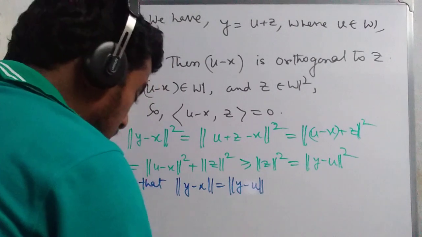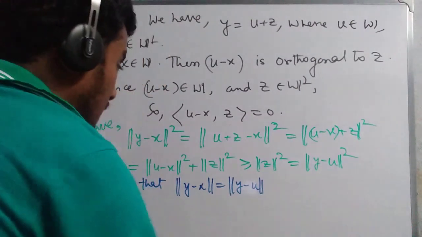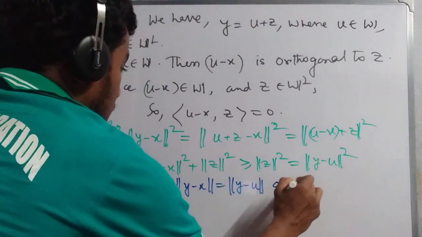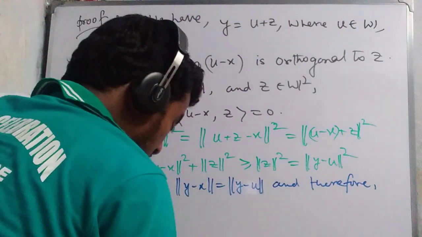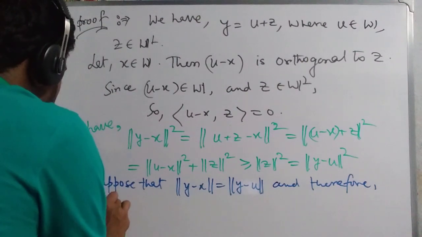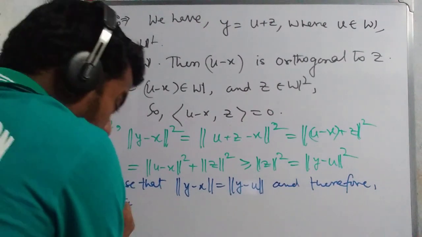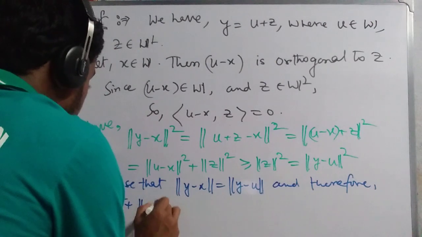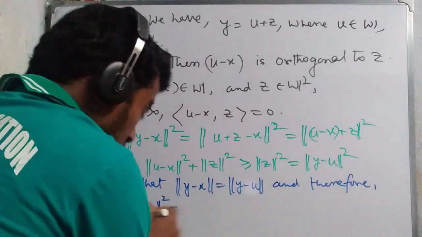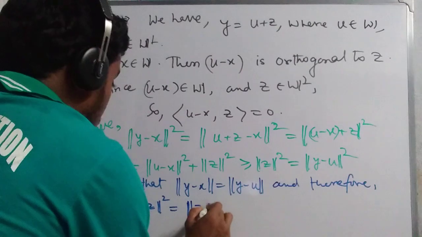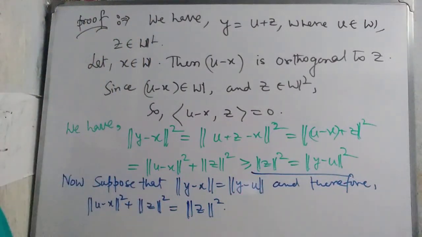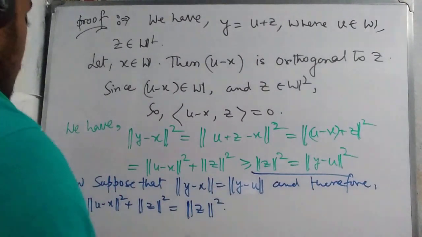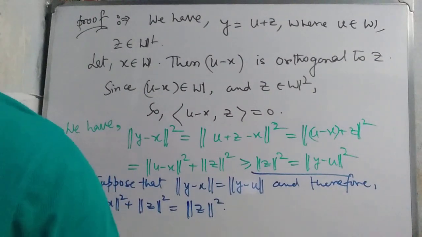Then the inequality becomes an equality, and therefore the norm of u minus x squared plus the norm of z squared equals the norm of z squared, since y minus u equals z, and y minus x equals u minus x plus z.